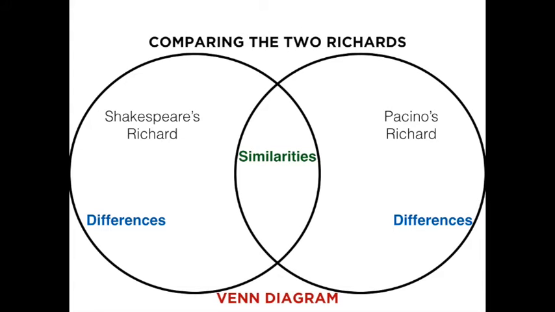Two circles. One side we write Shakespeare's Richard, so all the things that we think of when we look at Shakespeare's Richard or portrayal of Richard, and then we do the same thing for Pacino's Richard, which is in the film. Now, it's important to note that in regards to Al Pacino's Richard, we're looking at his reflections, but also looking at his actual portrayal in those little scenes and snippets that we see throughout the docudrama or documentary, whatever you want to call it.